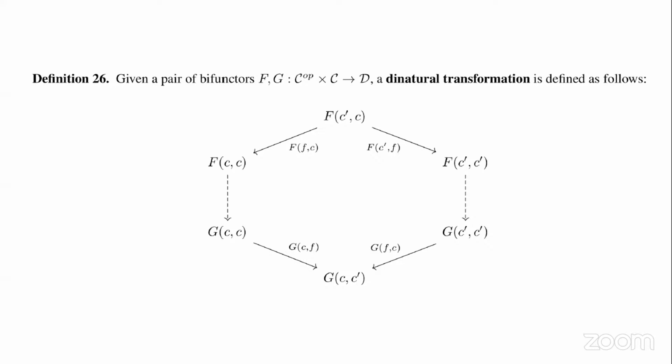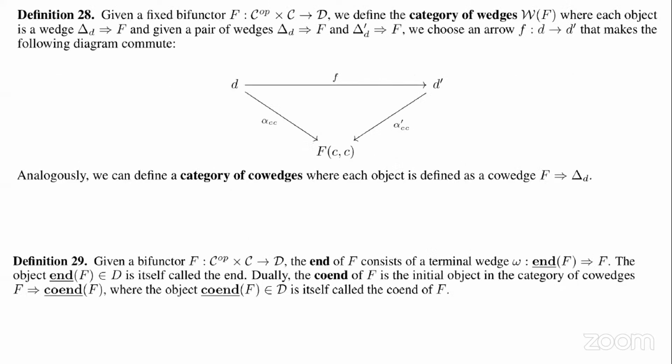So we have these diagonal natural transformations between bifunctors, and we're going to construct a so-called category of wedges, where every wedge is sort of this diagonal natural transformation between two bifunctors, and then we ask what is the initial object in this category of wedges and what is the final object, right? So we can define wedges, we can define co-wedges, and from here we get ends and coends.